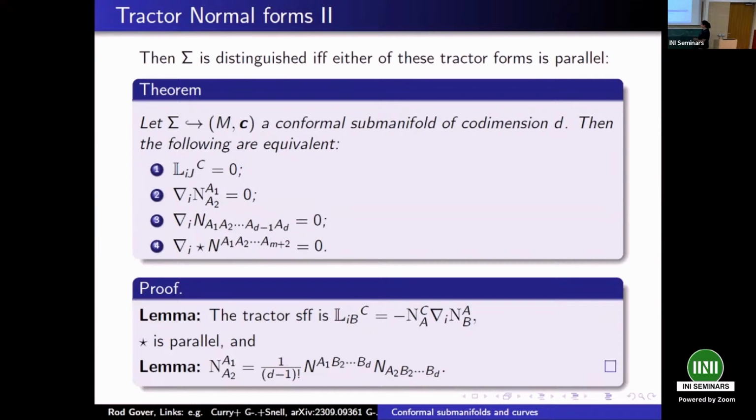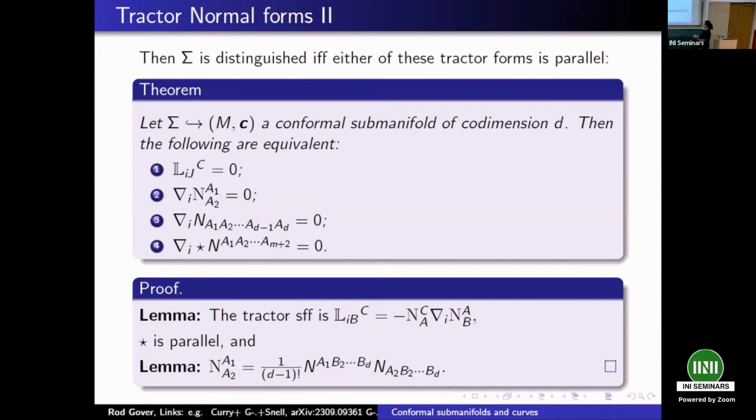So what's the proof? Well, it is a little bit involved, but the idea is simple. The tractor second fundamental form, it's not hard to show, can be written in this way. You differentiate this normal projector and then contract in the normal projector to project it back. So that C is a normal index. That being 0 means distinguished by definition.